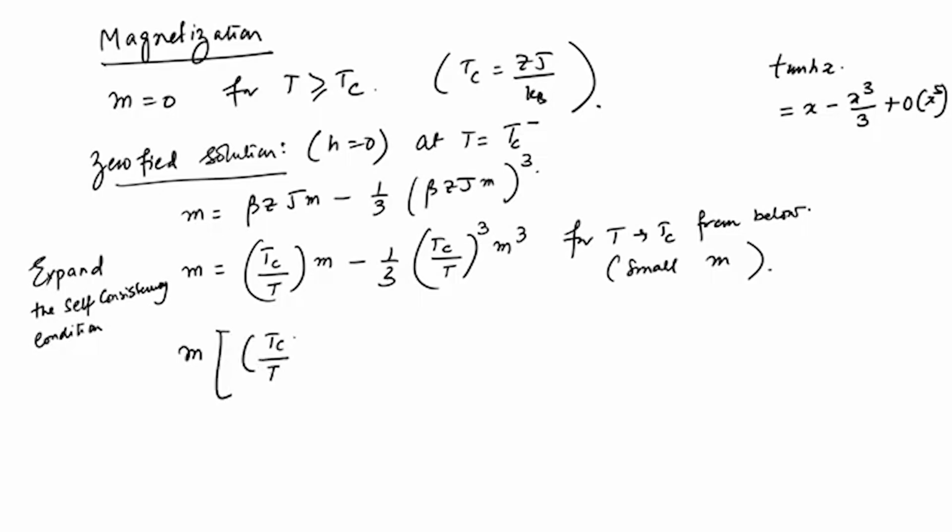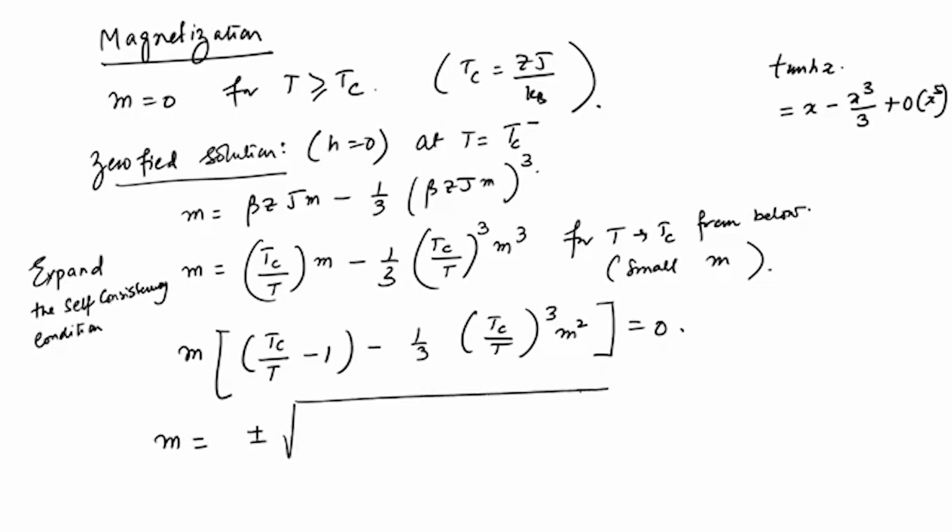So, we just do a bit of simplification of that. It is Tc over T minus 1 minus 1/3 Tc over T whole cube m square equal to 0, and this is the equation that we get, and then if you solve this equation it becomes plus minus root over 3 T by Tc whole square times Tc minus T over Tc, and this is how the magnetization behaves.